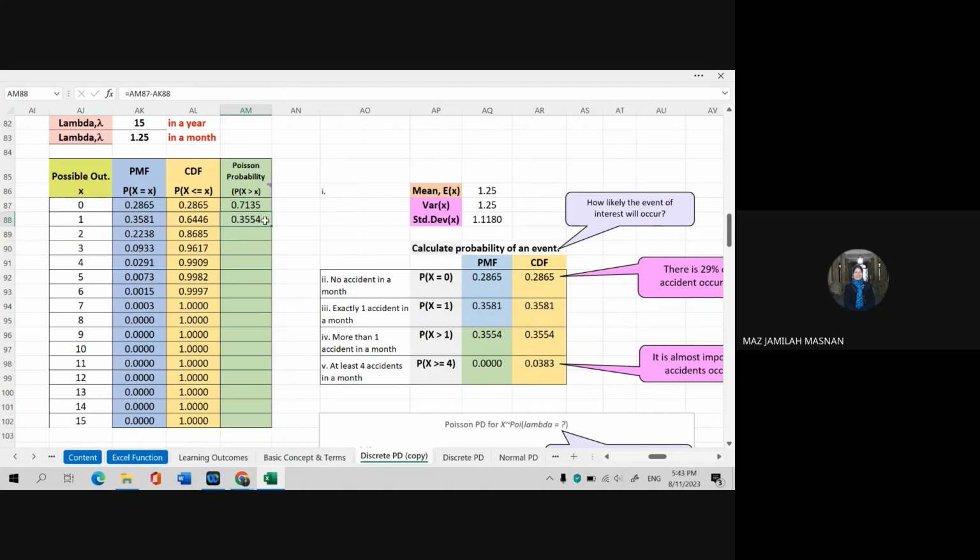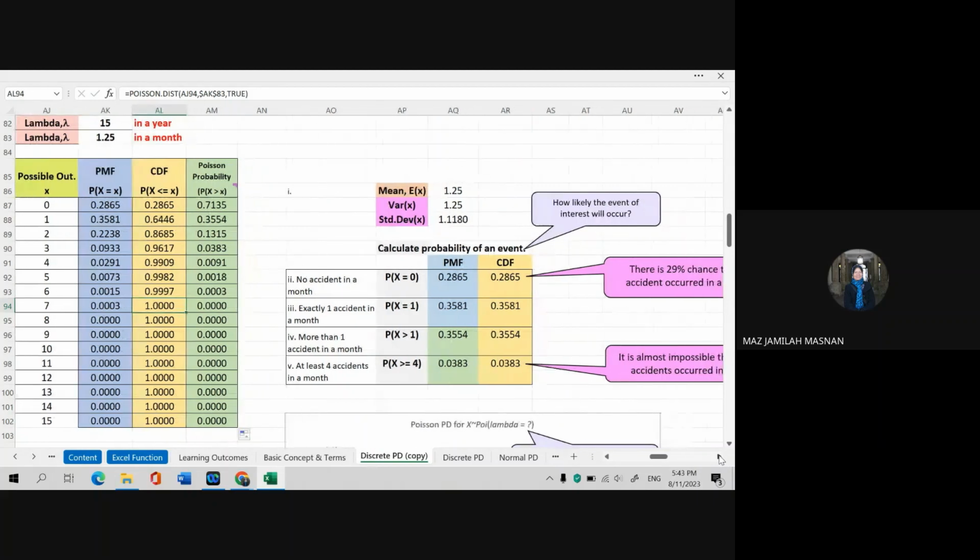Then you can drag down because the pattern should be the same as you move on. So just drag down. You can see whenever you stop at 1, you get 1 as the cumulative probability. This one becomes 0.